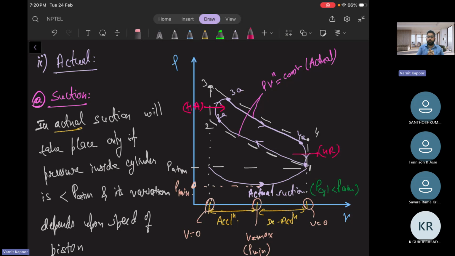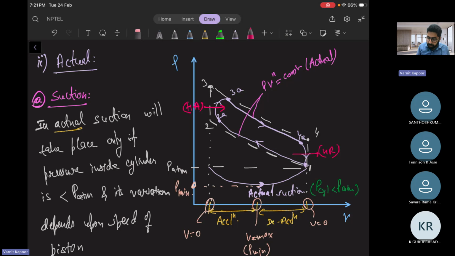Heat rejection. Okay, and finally, as the suction happened, exhaust will also happen, and exhaust will only happen when the pressure inside the cylinder is slightly higher compared to the atmospheric pressure. I told in the first tutorial that because of the pressure difference only, the exhaust gases will move out from inside. The rest 10% of the gases will move out from the cylinder to the atmosphere.